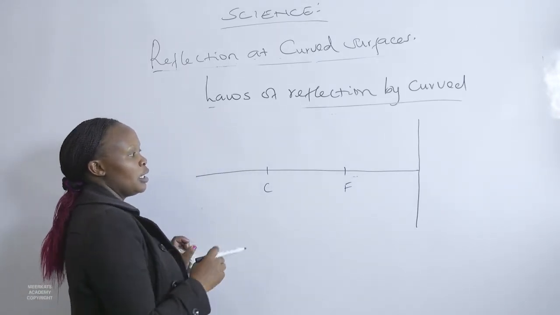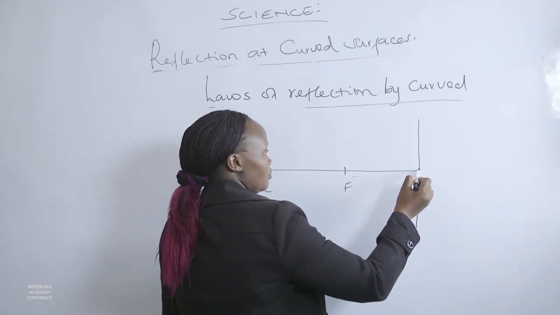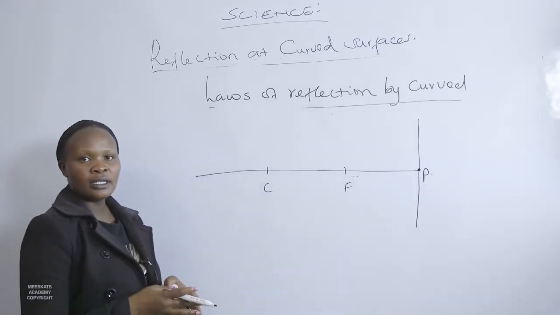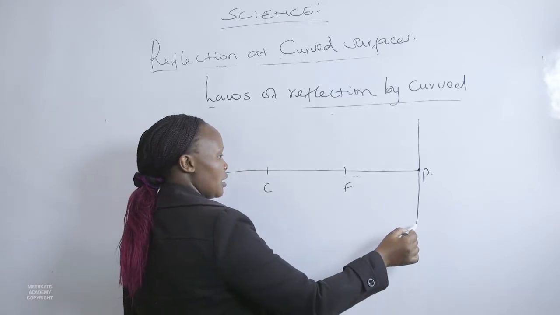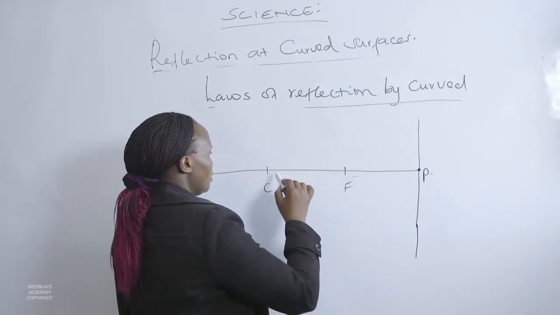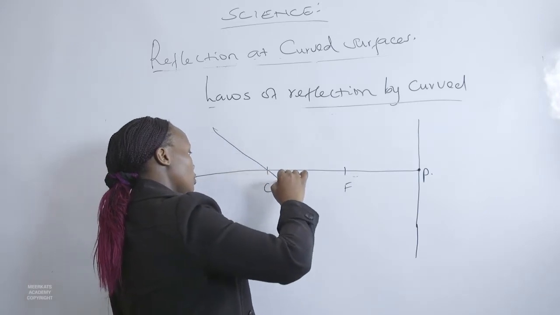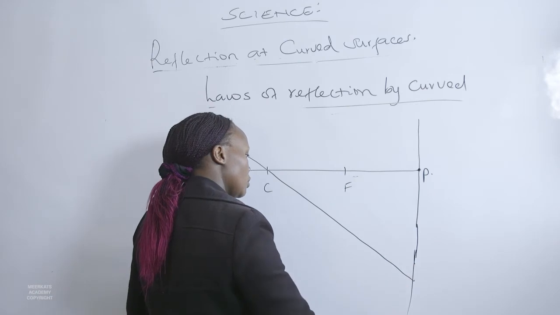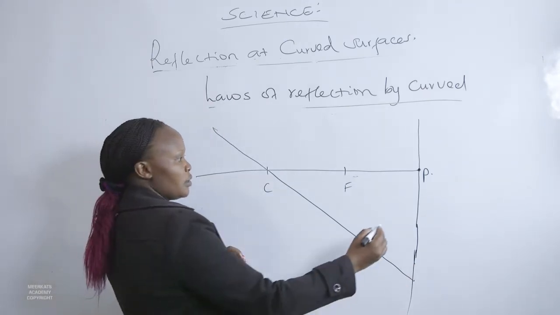Now, that one is the principal axis, and then we want a ray through C here, incident on our reflecting surface.